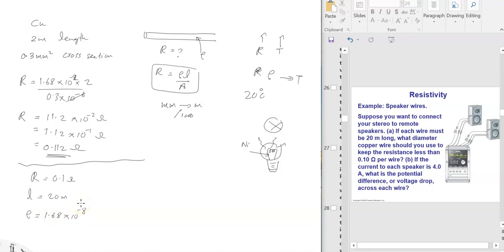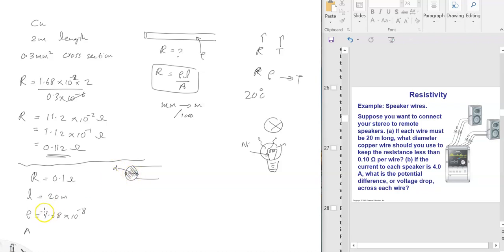Here we're going to assume things are happening at room temperature, 20 Celsius, so we can use this number. What should the diameter be? Now these are circular wires, right? So the cross section is going to be a circle. This is the diameter.